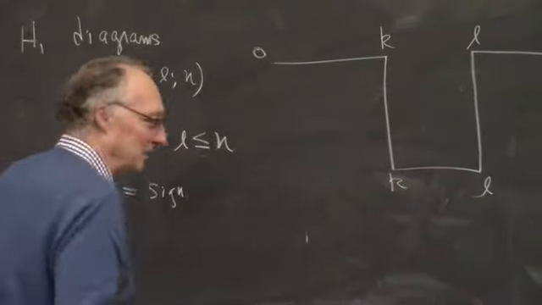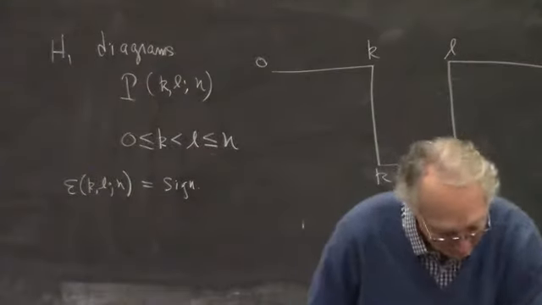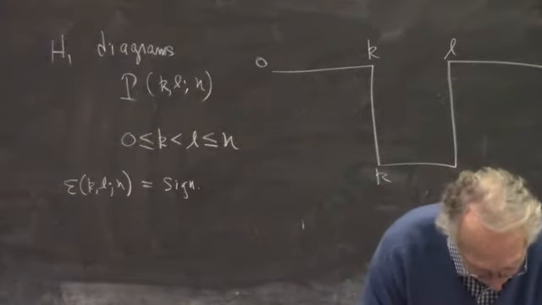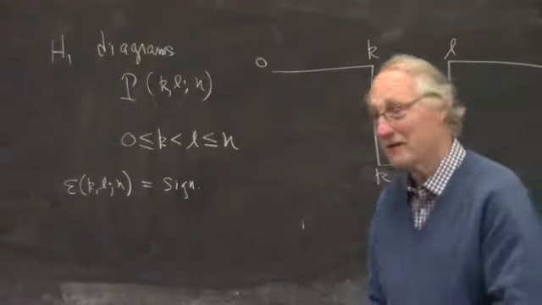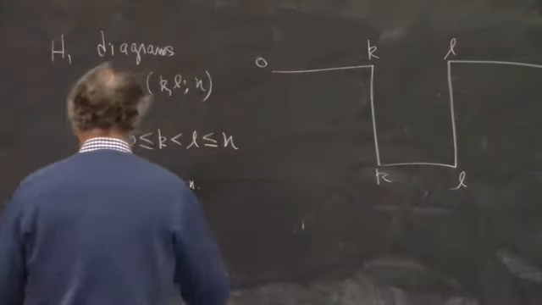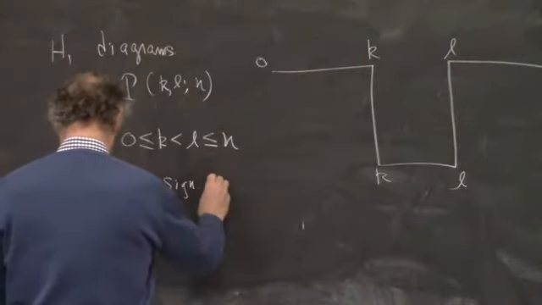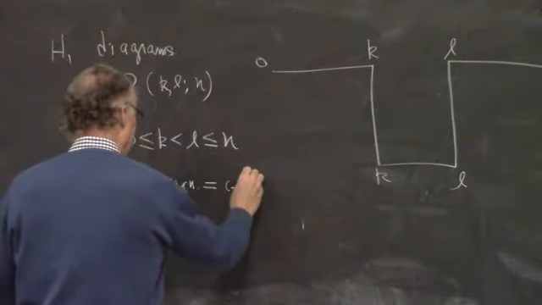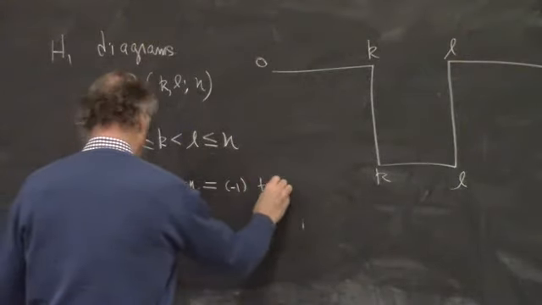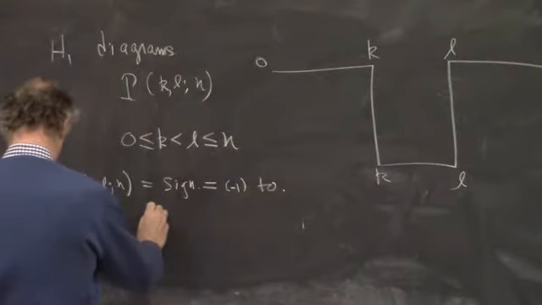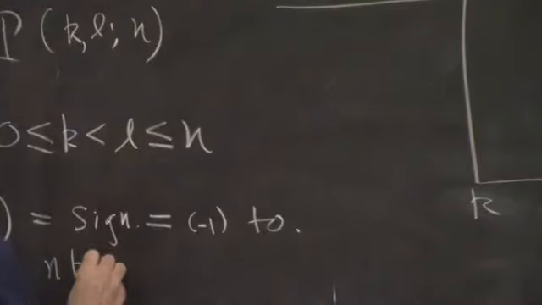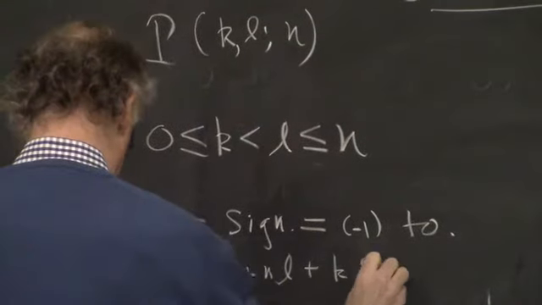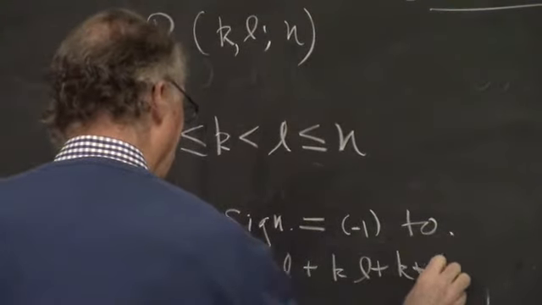The sign that goes with this diagram is minus 1 to the power NK plus NL plus KL plus K plus L plus 1.